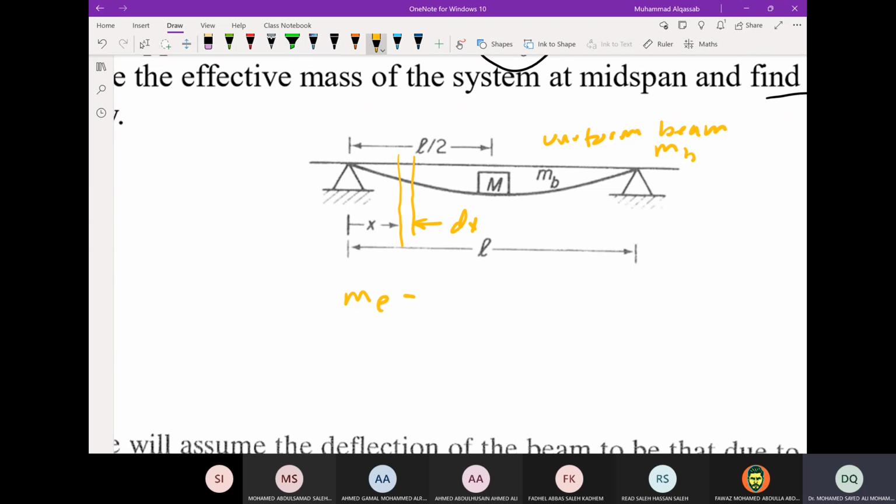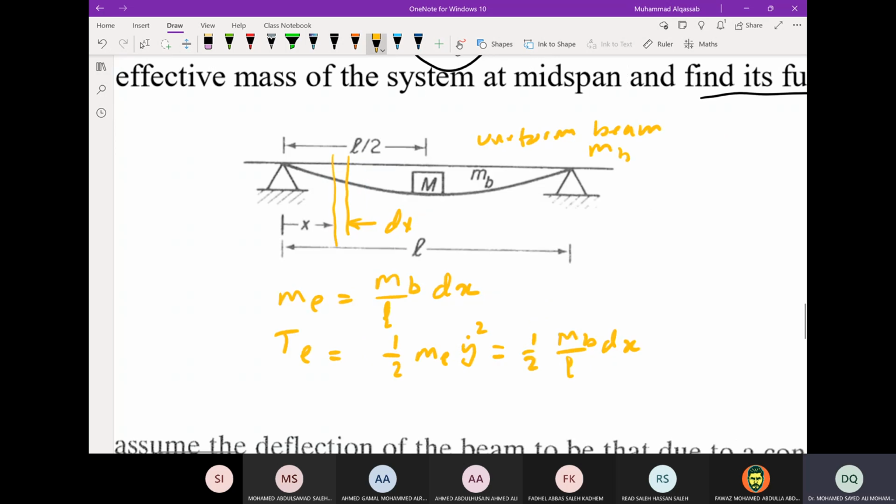Then mass of the element will be mass of the beam divided by L multiplied by dx. And then the kinetic energy for the element, as we did with the spring, this will be 1 over 2 mass of the element, the velocity squared. Okay, this is y dot at x squared. And then you substitute for the element, which is 1 over 2, mass of the element is mass of the beam, divided by L times dx.